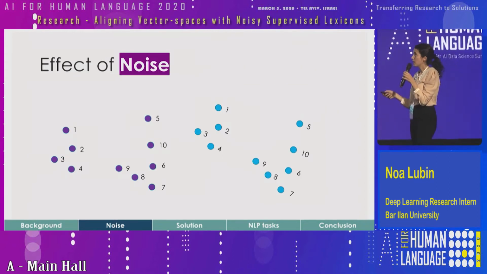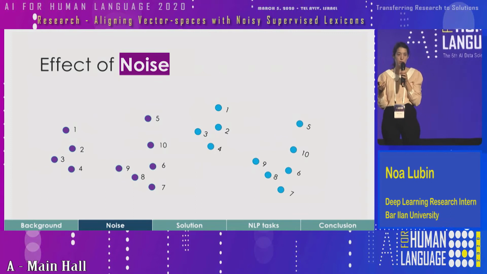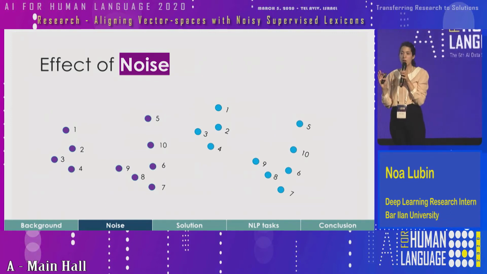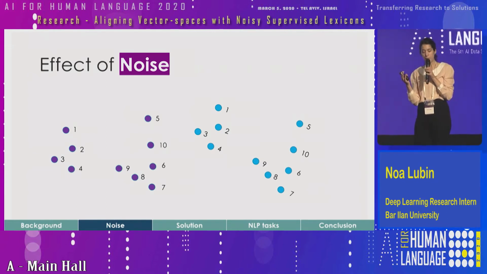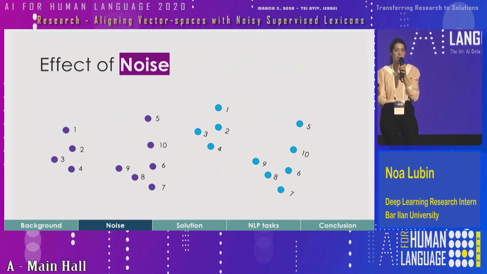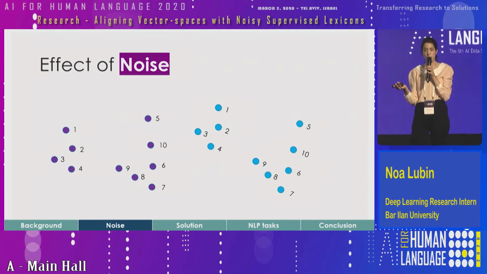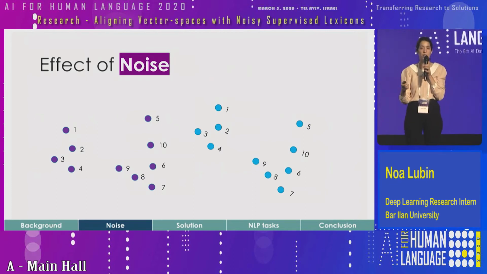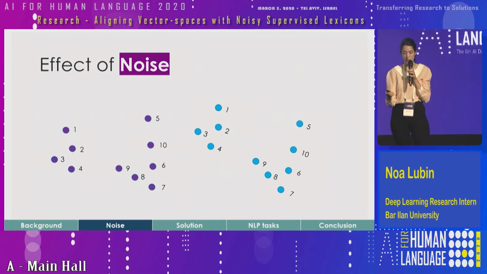But first, I asked myself, what is the effect of noise? So I did a synthetic experiment. I took 10 two-dimensional points in order to visualize it better. I randomly selected an orthogonal transformation and applied it on the dataset. Then I used the two methods in order to learn the translation matrix.